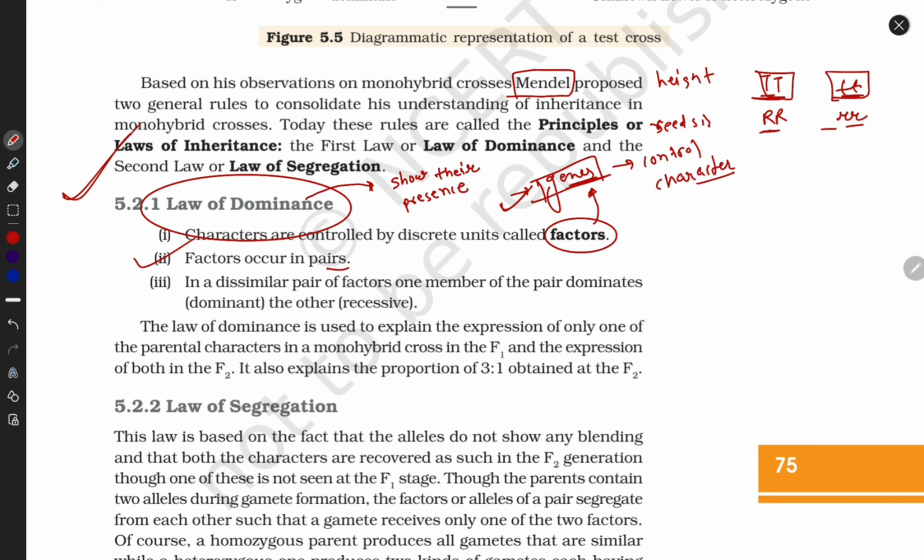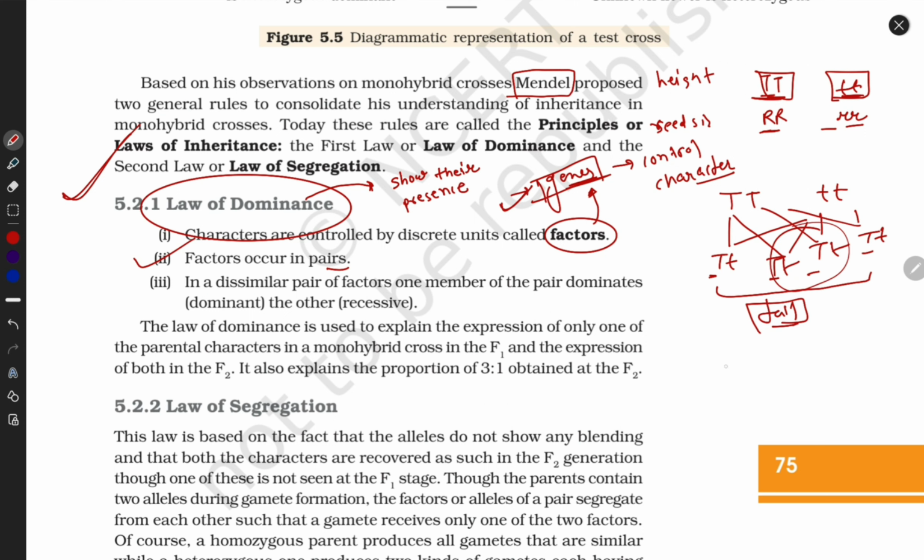Okay, now next thing. If we cross these, we know dominant characters show their presence all the time, no matter how. It means these complete offspring are tall.